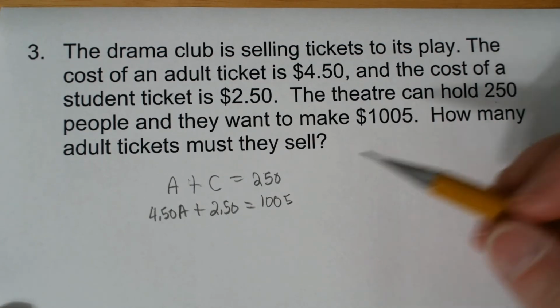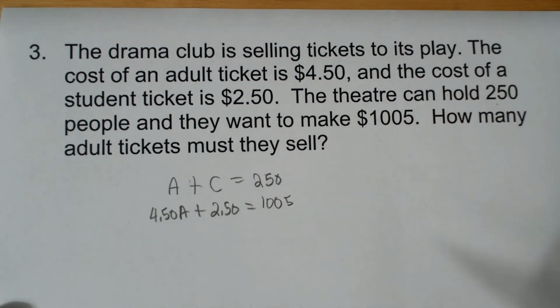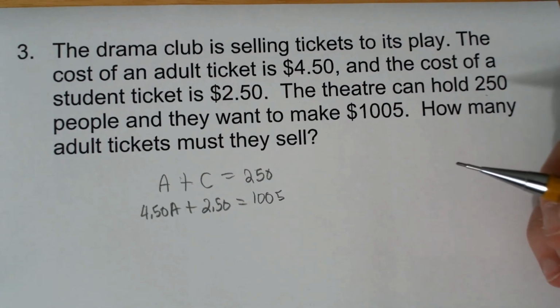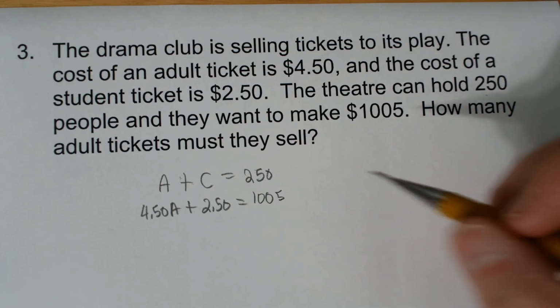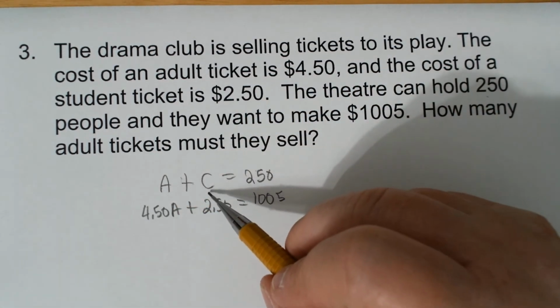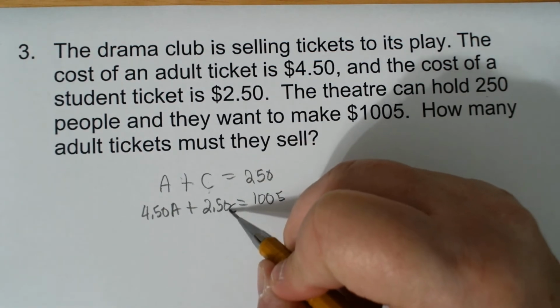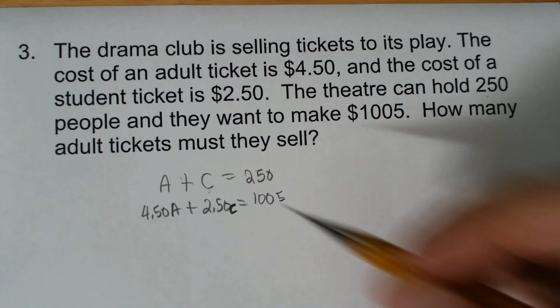I'm going to do this by elimination, and because we've done this a couple of times, I'm going to multiply everybody by 2.5 to match the children. I forgot my variable, sorry.